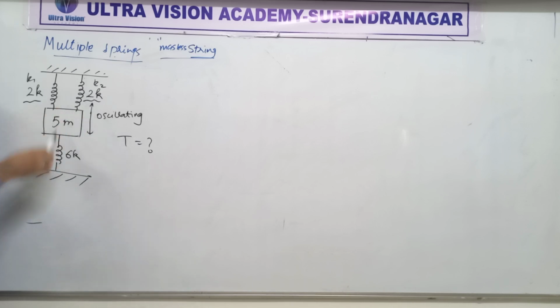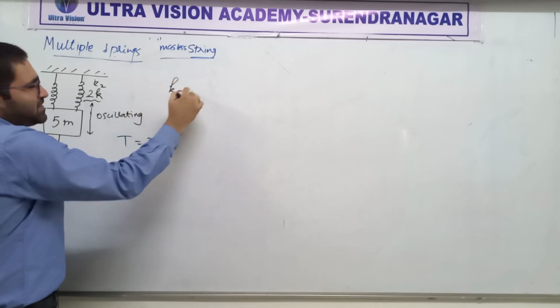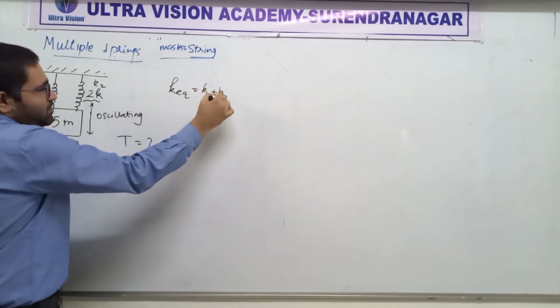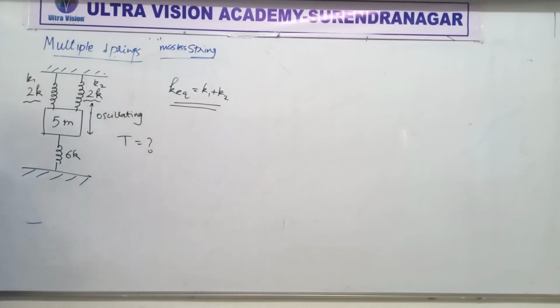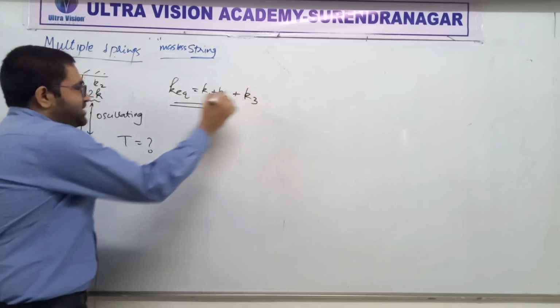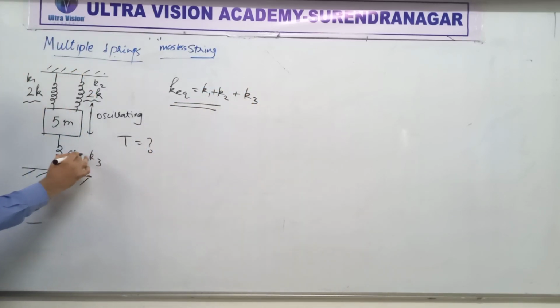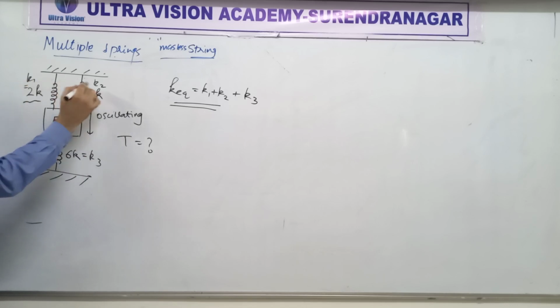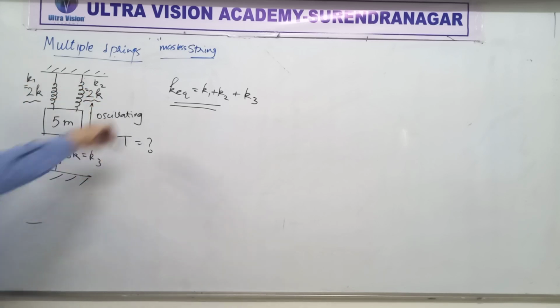This spring is across the block, isn't it? It behaves same as if it is in parallel, isn't it? Because the formula is similar. Yes or no? It behaves same as if it is in parallel. Do you agree with that? So, do you realize that effectively we can do it like this? Yes or no? We can do it like this.